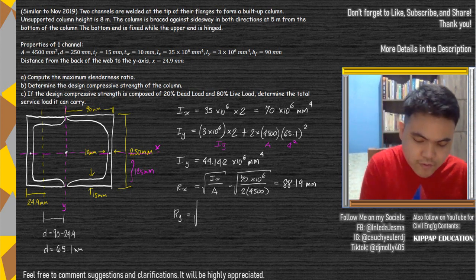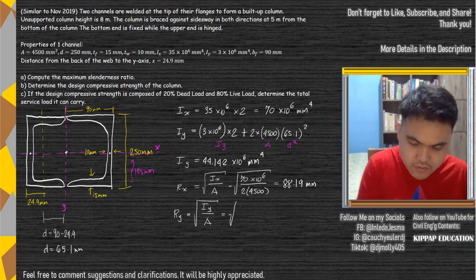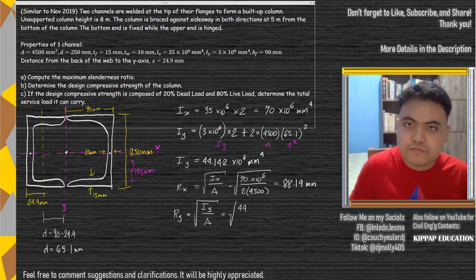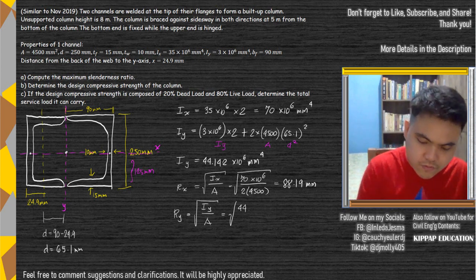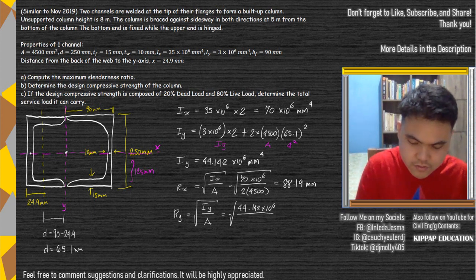Then, for RY, ganun din yung formula. Square root of IY over the area. So, we have square root ng 44.142 times 10 raised to 6 all over the area. That's 2 times 4,500.